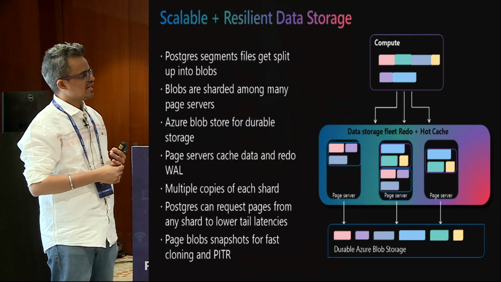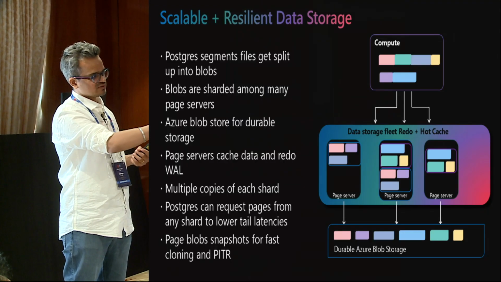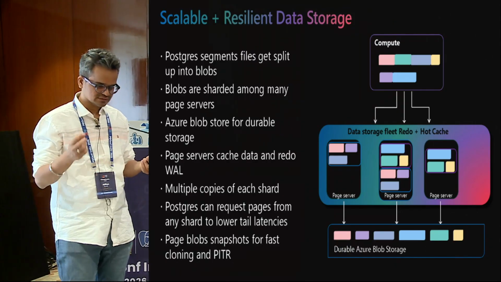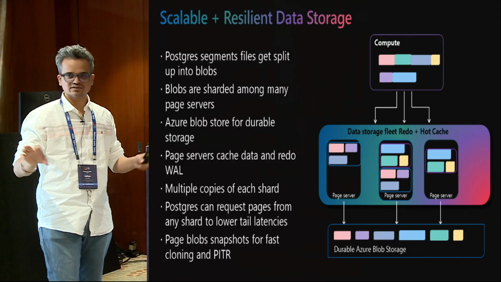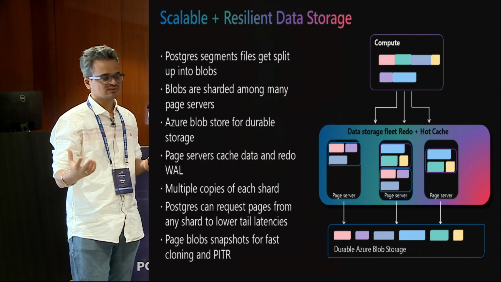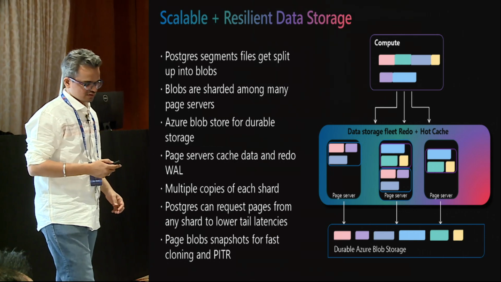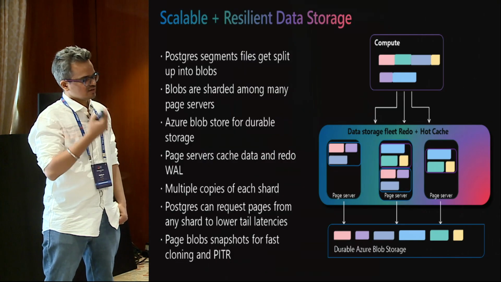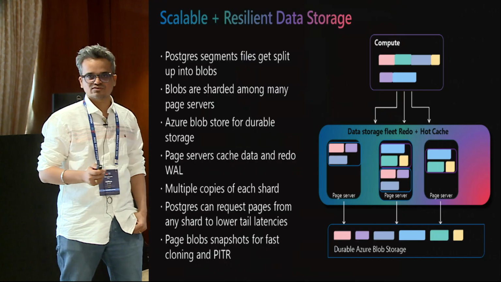If one page server is full and has a lot of blobs, it will split them across different nodes, ensuring it is zone resilient and that you can access the page data very fast. You have all the segment data in each shard, and Postgres can request pages from any shard to lower tail latencies overall.